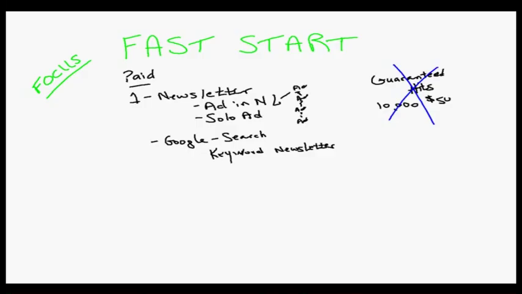And so this is a great way to get started, very targeted, and you can go and look for all of these newsletters. You can also just look for newsletter directory sites, and there's a couple of them out there that have a lot of newsletters listed in them. So that's one way to buy paid advertising that can be pretty strong.